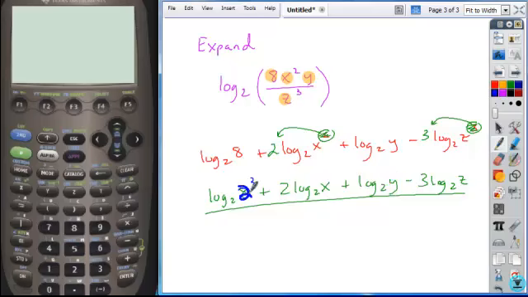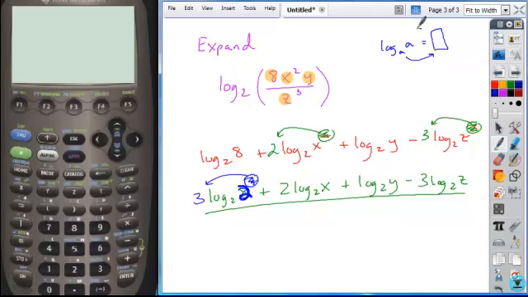Okay, so really, if you look at it in this form, can we simplify what we had here, where log base 2 of 8, if we rewrite 8 as a base 2 exponent? Yes, because now this power of 3 gets moved out front. And what is log base 2 of 2? Anytime you have a log where the base and the number inside the log are exactly the same, what value is that?